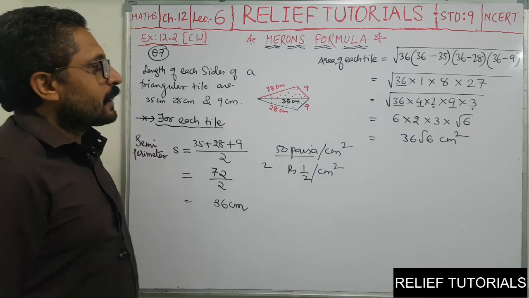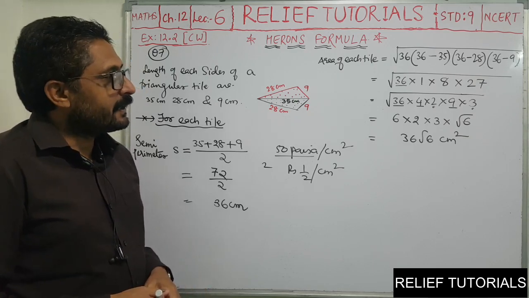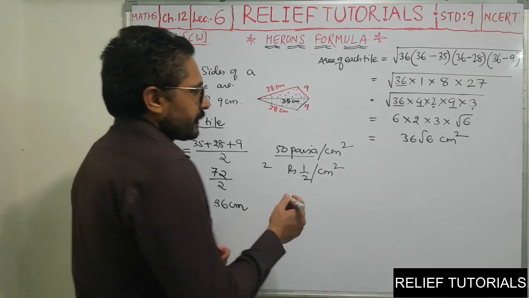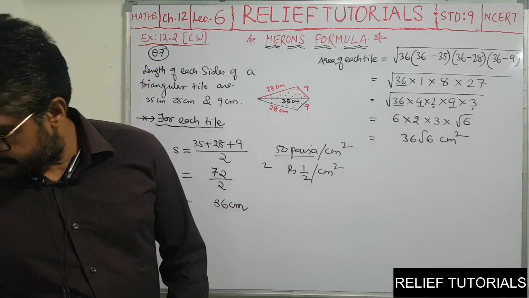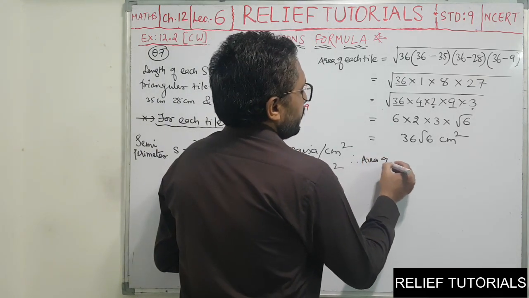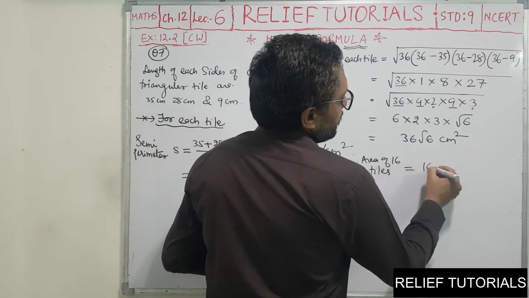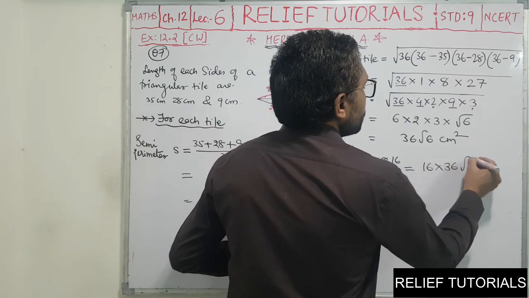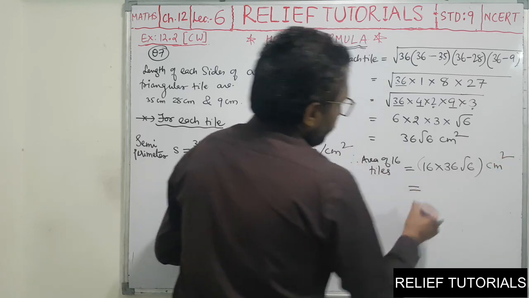Clear? So now altogether how many tiles are there? 16 tiles. So we'll now find the area of 16 tiles. So the area of 16 tiles is equal to 16 into 36 root 6 centimeter square.